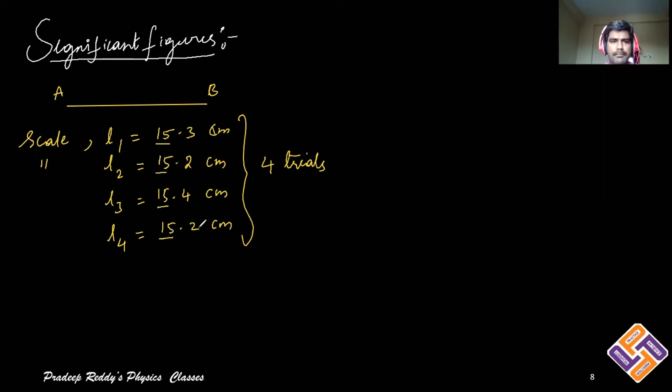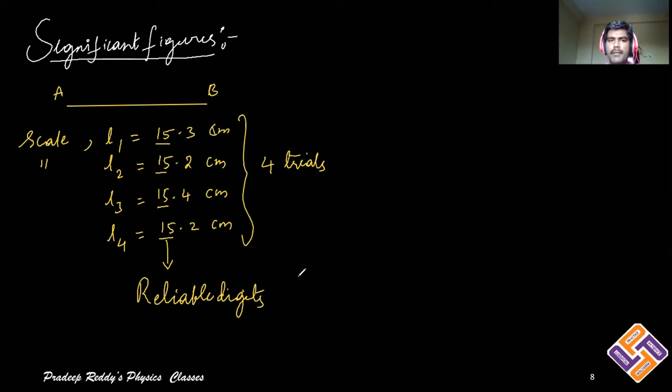Even if you make 5, 6, 7 trials, the first 2 digits will remain the same. So these first 2 digits are certain and their value is not changing. Hence, they are called reliable digits. You can rely on them, you can believe them.